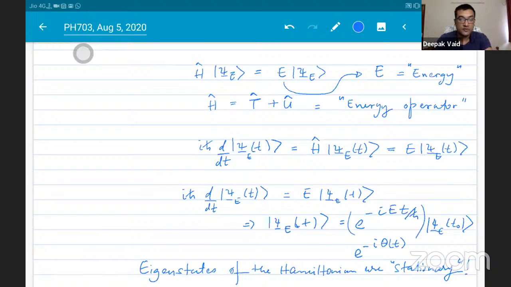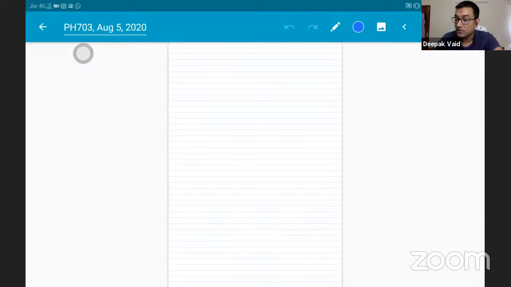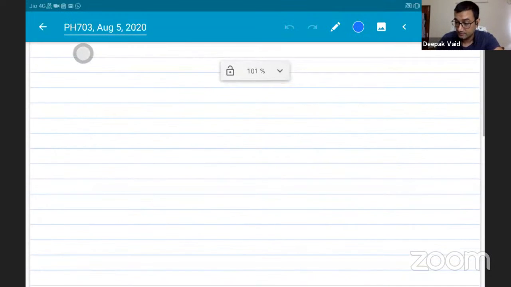Okay, I'll leave it here for now. I think this much is sufficient. We have derived the Schrodinger equation. We have talked about eigenstates of the Hamiltonian, and we have shown that the eigenstates are stationary.